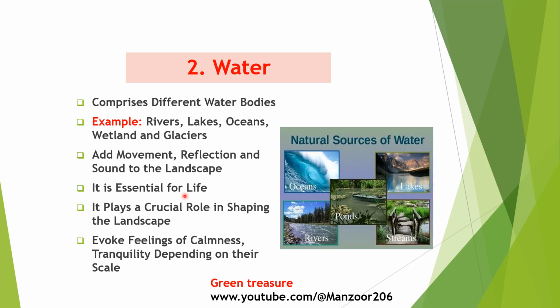It is essential for life. It plays a crucial role in shaping the landscape. And wherever you find the water, it evokes feelings of calmness, tranquility, depending upon their scale, how large it is. So water is an important aspect of the landscape.